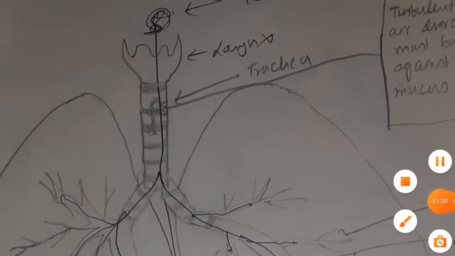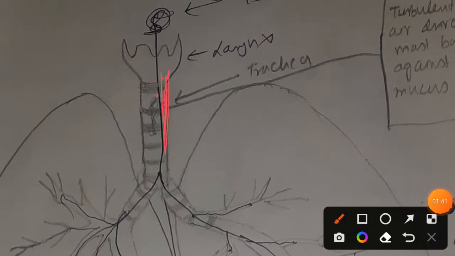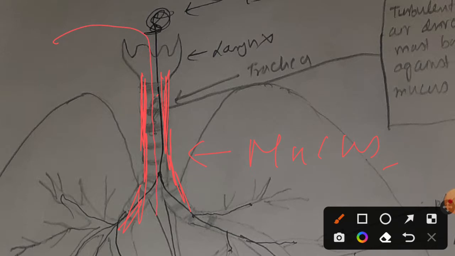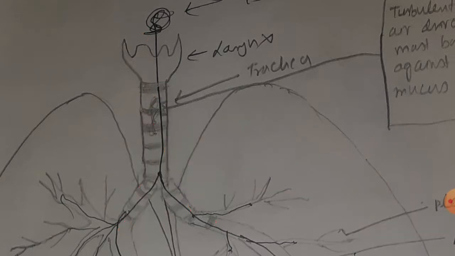Another important thing is that these parts are covered with mucus, and I think you know that the mucus layer has the ability to destroy bacteria, right? So the air coming into the lungs drives most of the bacteria and viruses against the mucus, and this mucus facilitates their death.